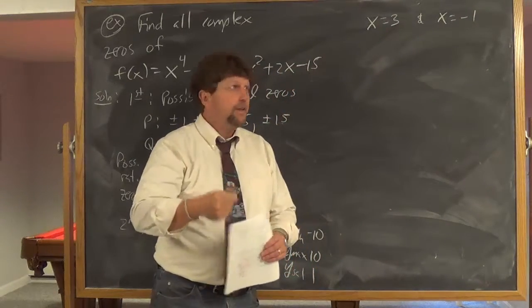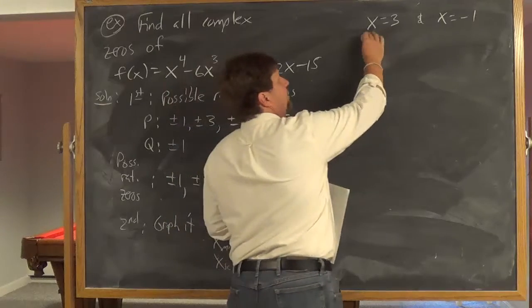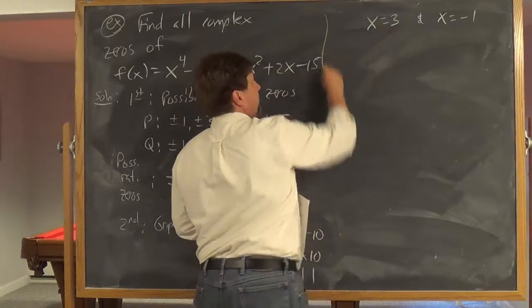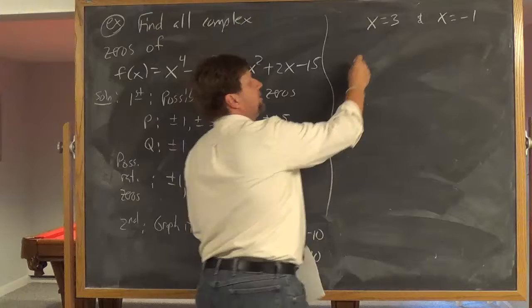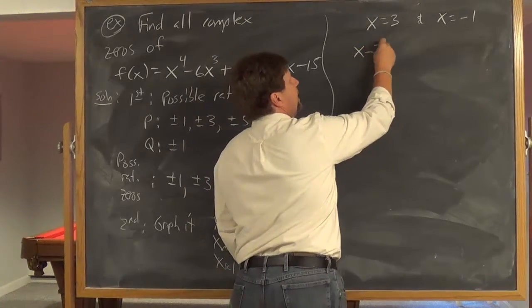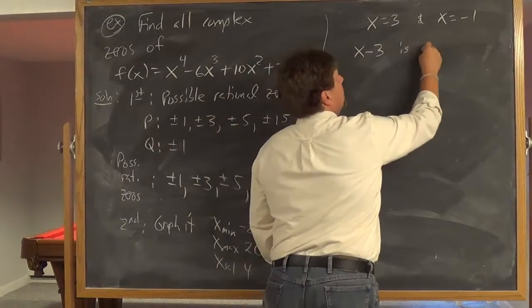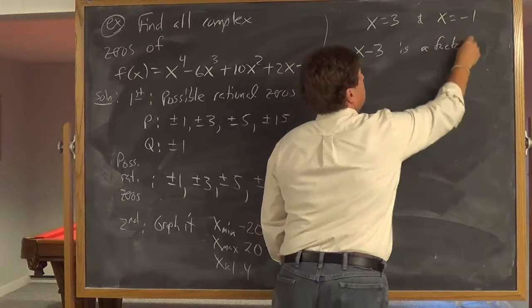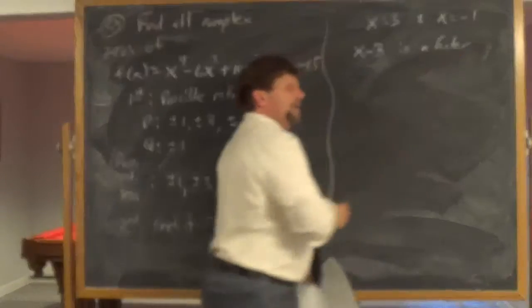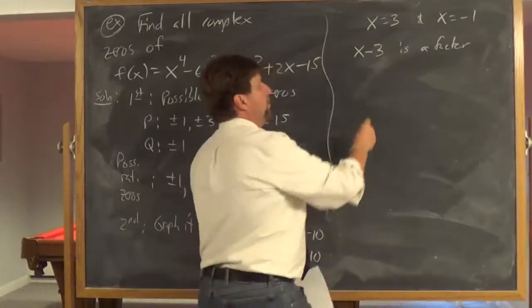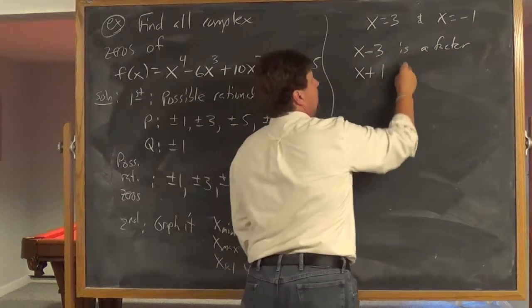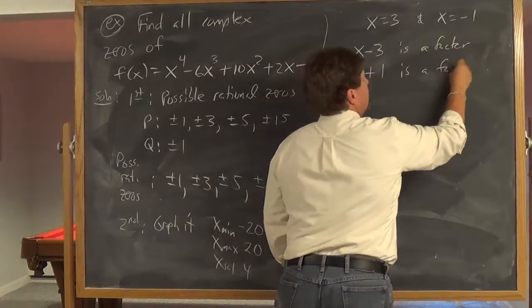Our factor theorem tells us that if x equals 3 is a 0, we know x minus 3 is a factor. Since x equals negative 1 is a 0, we know x plus 1 is a factor.